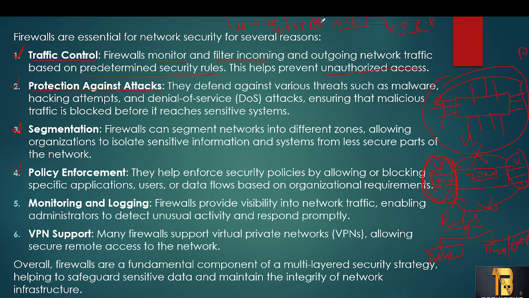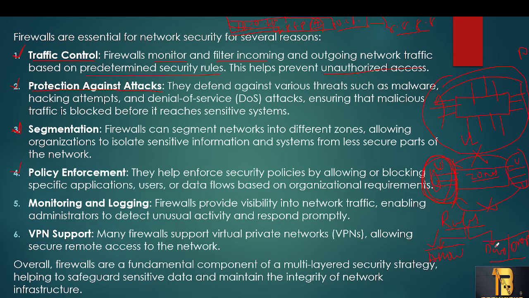Policy enforcement means whatever rule we have created, it is going to enforce the action that we have set. If it is allow, the firewall is going to allow this traffic, and if it is deny or drop, it is going to block. So whatever action we have set, if you want to allow, you set the action as allow and the traffic will be allowed.